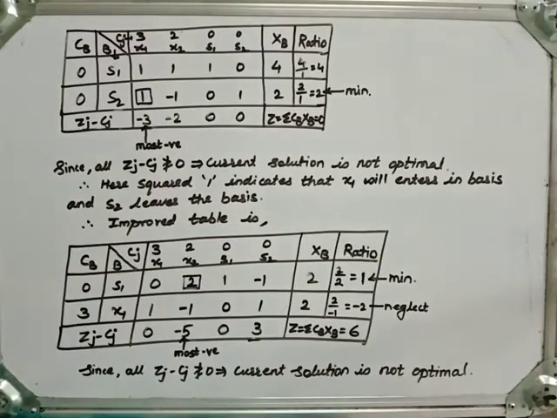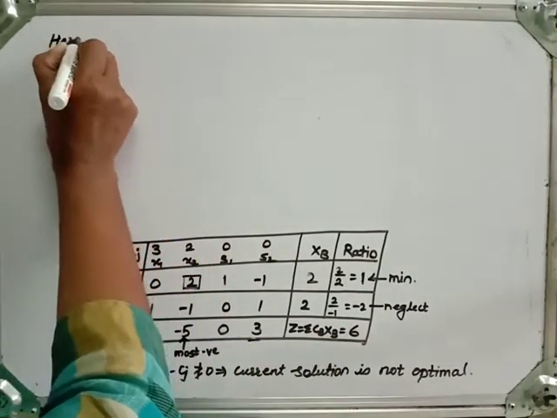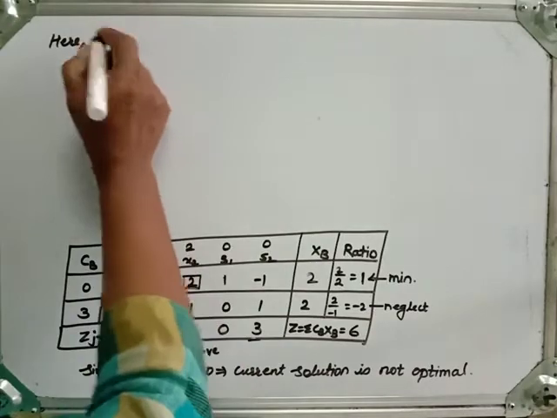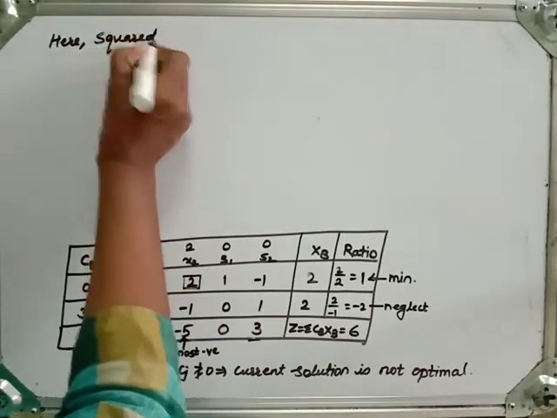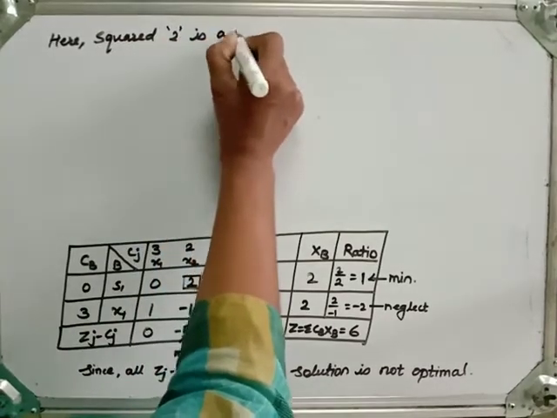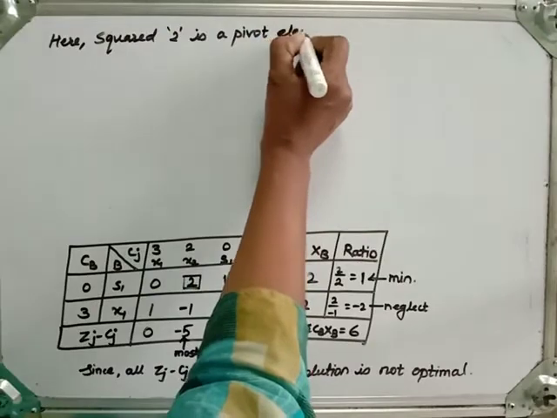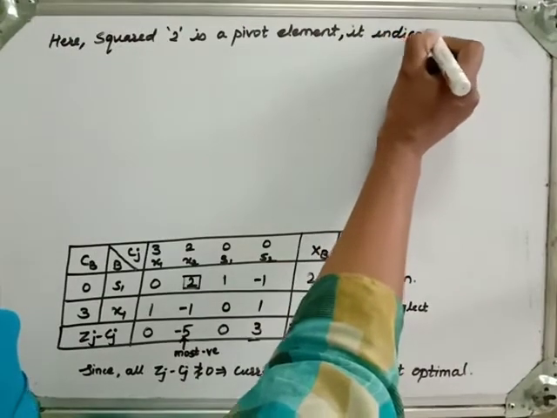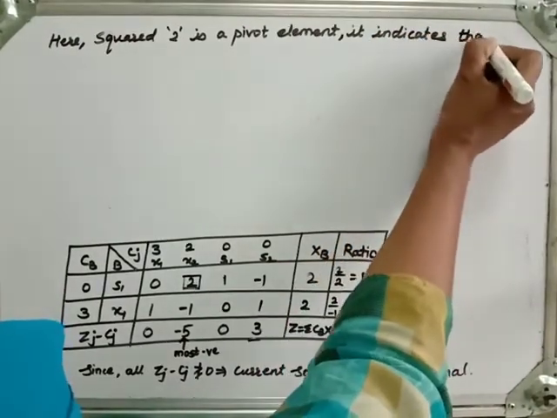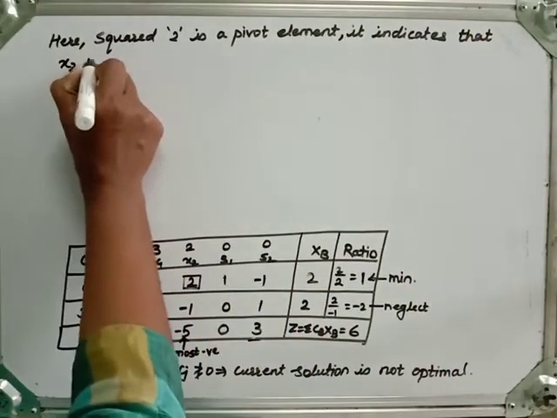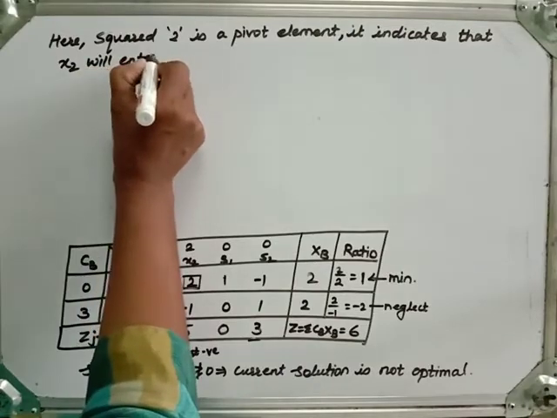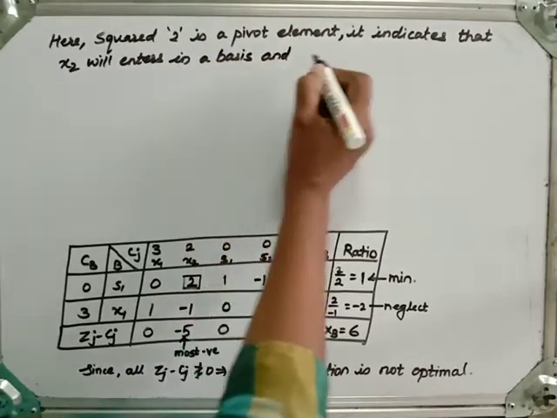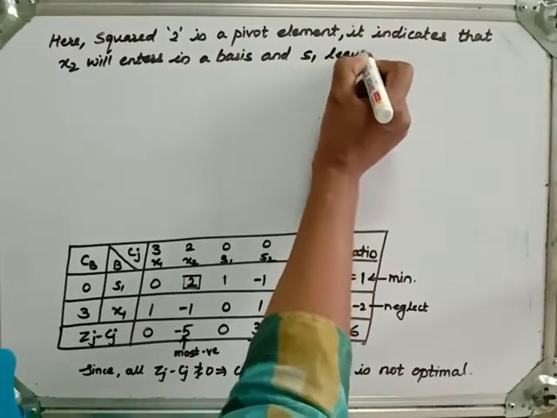Okay, so here again we must write: the squared 2 is a pivot element, it indicates that x2 will enter in a basis and S1 leaves the basis.